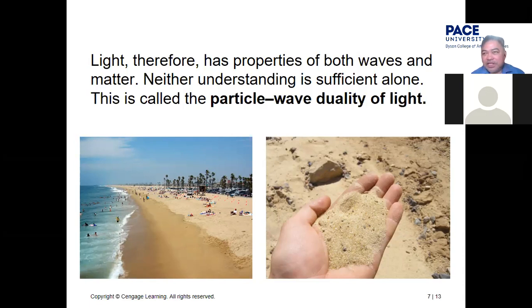Maybe during this time, summer, if you go to the beach, if you look at the beach from the water, it's just one straight coastline, just like a wave. But when you get closer, you can see that it's made up of particles of sand. This is the wave nature, and this is the particle nature. So you have the dual nature of matter.